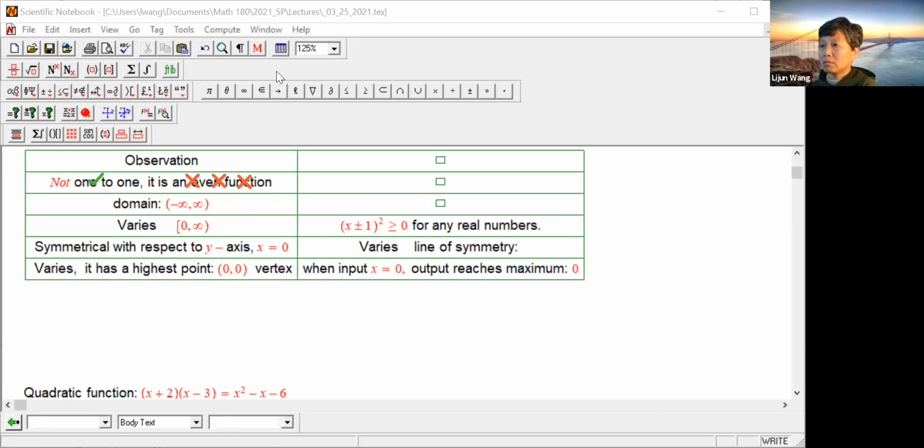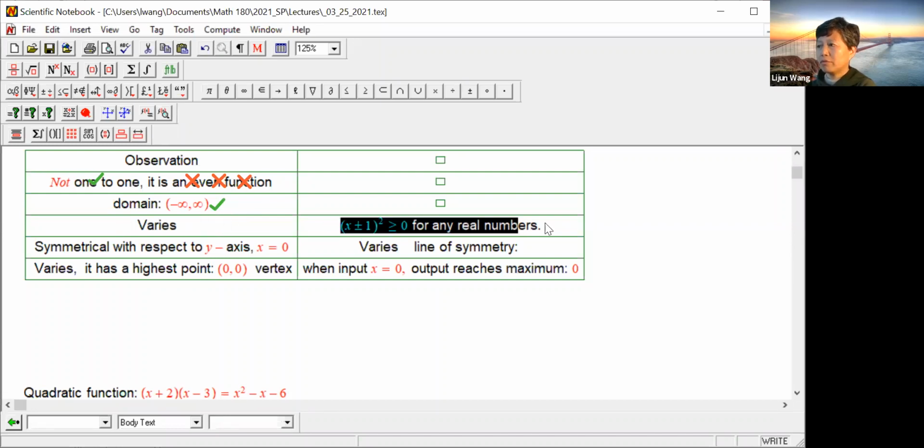Domain, yes. Range varies. Range varies, right? Line of symmetry with respect to something, this is going to be questionable.